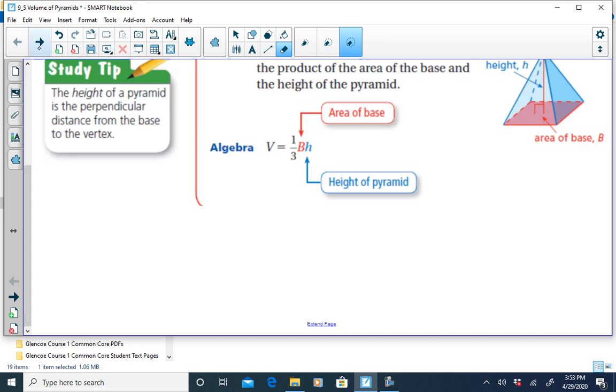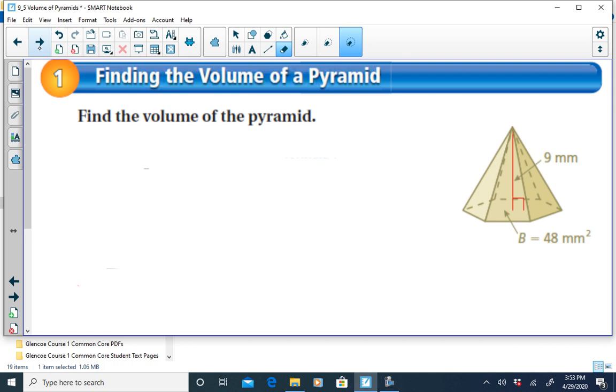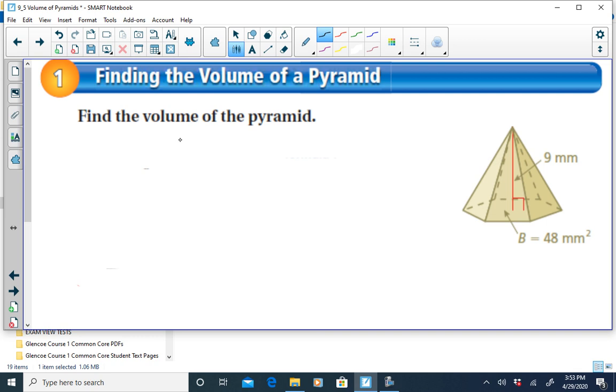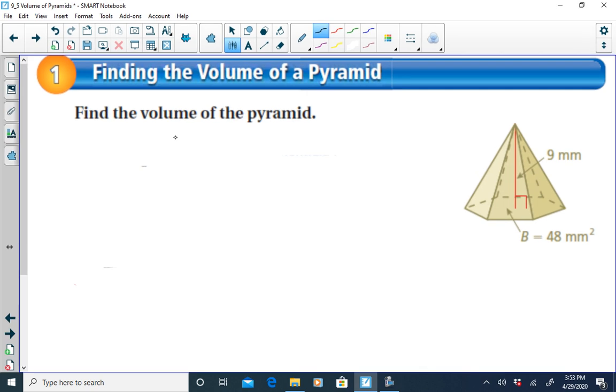Okay? So, the problems are pretty simple. Let's start with our first example. Start with our formula. Volume is going to be equal to 1/3 the base area, capital B, times the height.